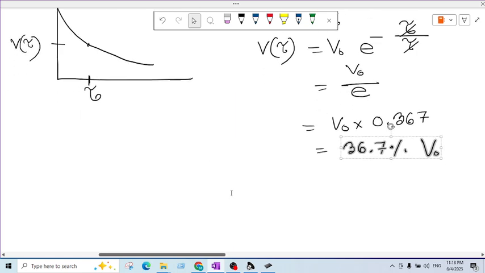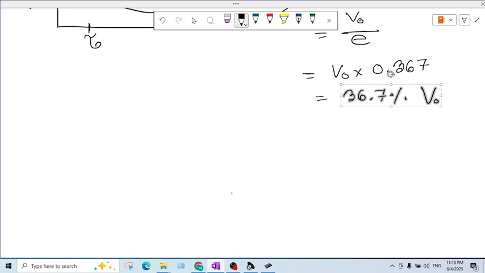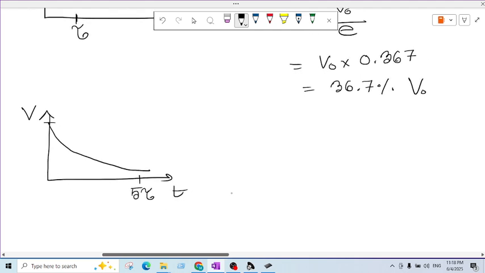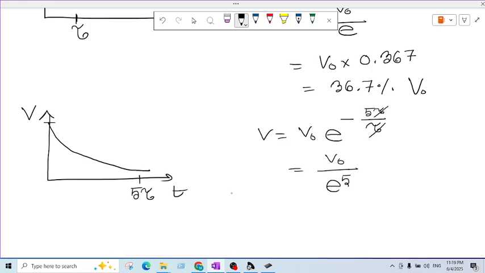Okay, now let's take another thing. Let's say v versus time, and let's see what happens when the time is 5 tau. So v is equal to v naught e to the power minus t by tau. The time is equal to what? 5 tau, right? Okay, so tau cancels out, v naught divided by e to the power 5. It may be a small number.